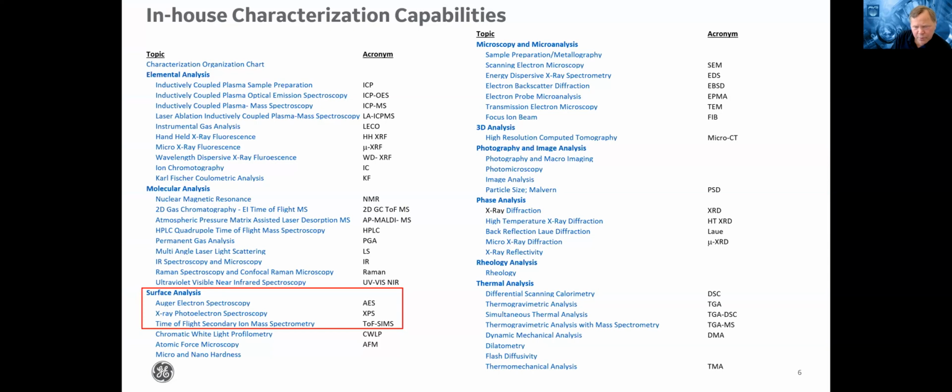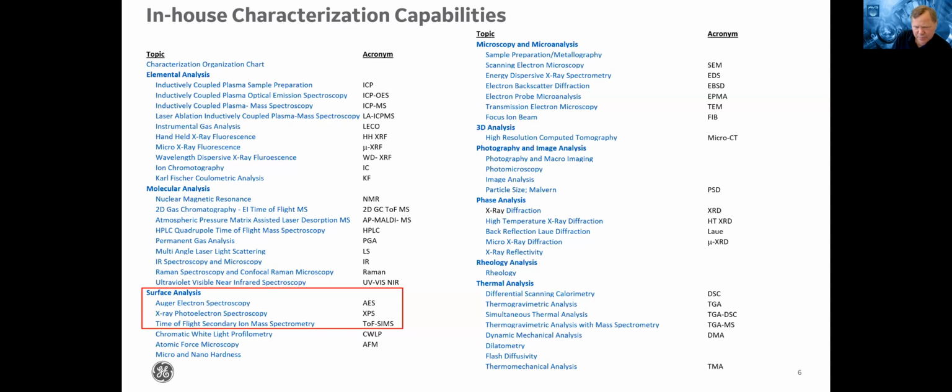Within our organization, we have a vast variety of analytical equipment as shown on this page. And the bottom line is, it isn't any one technique that's going to answer all or most of the questions. Each technique has its benefits and its negative points.